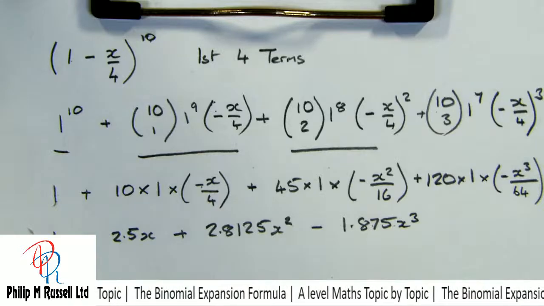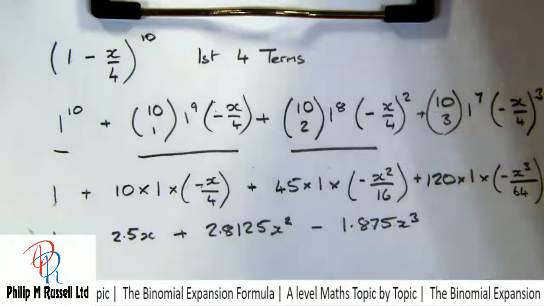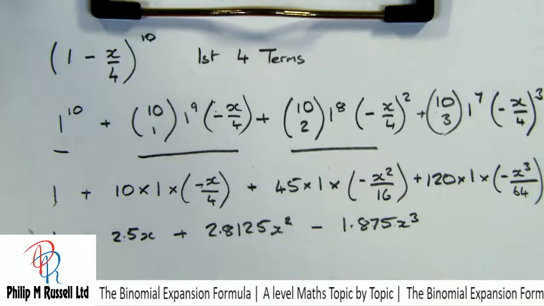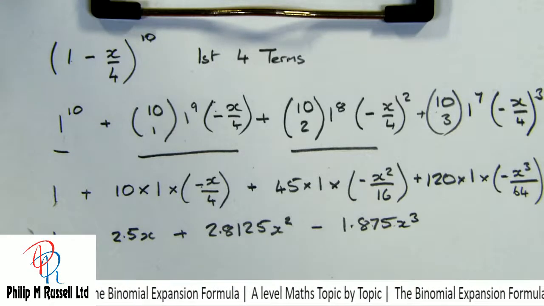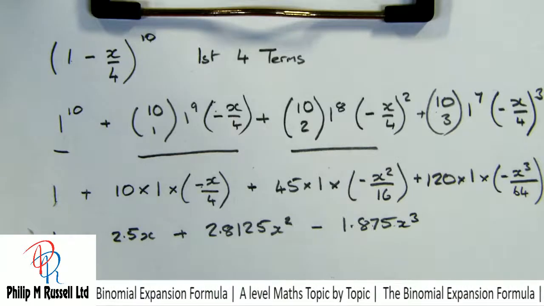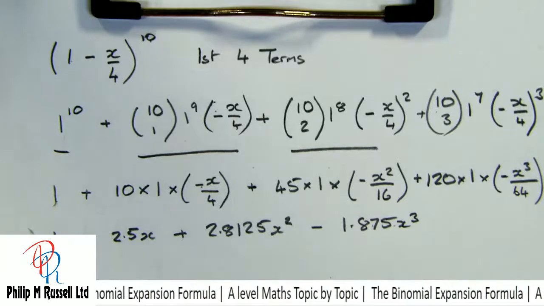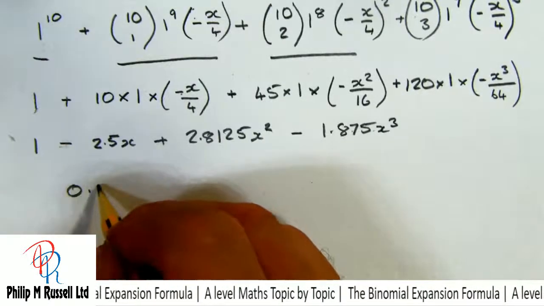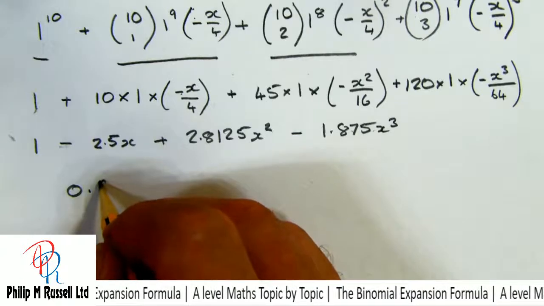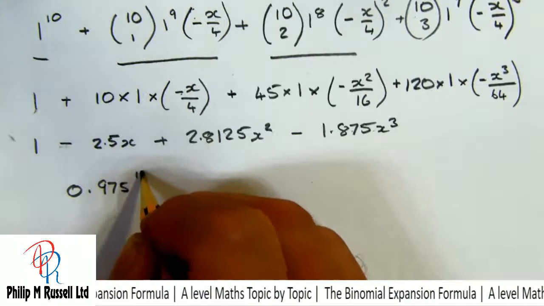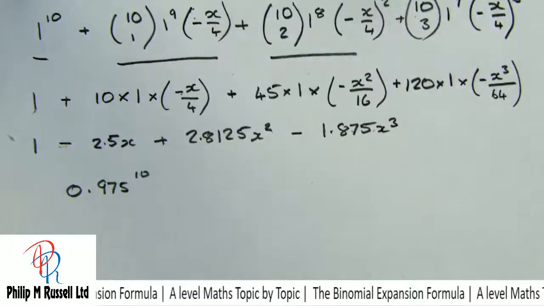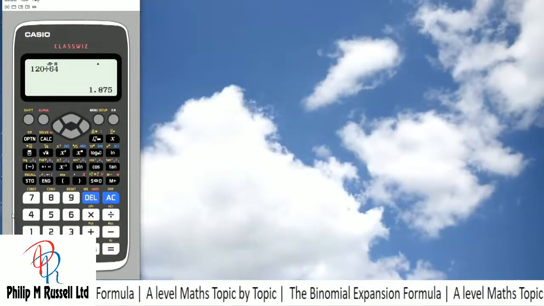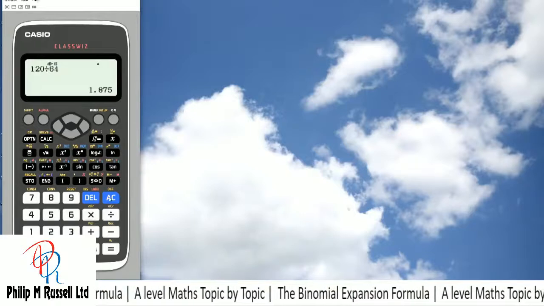Now, where are we going with this? Well, let's suppose we want to work out the value of a number, and they give us a number, and let's say it's going to be 0.975 to the 10. Now there are 2 ways of doing this. The first way is now with a calculator incredibly easy.